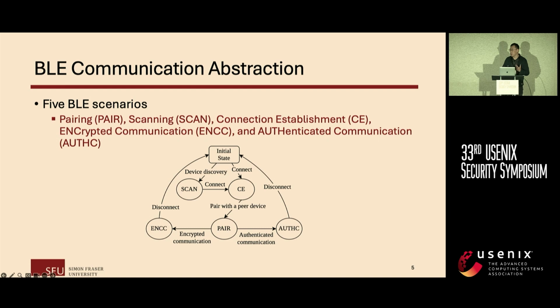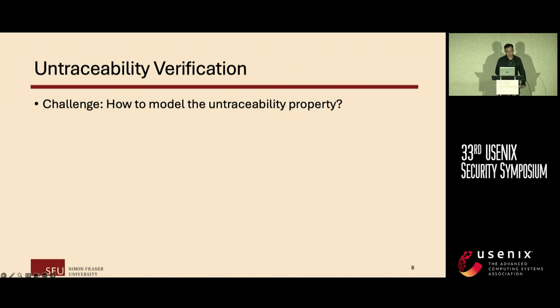The transition between these 5 communication scenarios is shown in this figure, and we build a model based on this. And lastly, we utilize the formal verification tools to reason about this untraceability property. One of the challenges we have here is how to model the untraceability property.